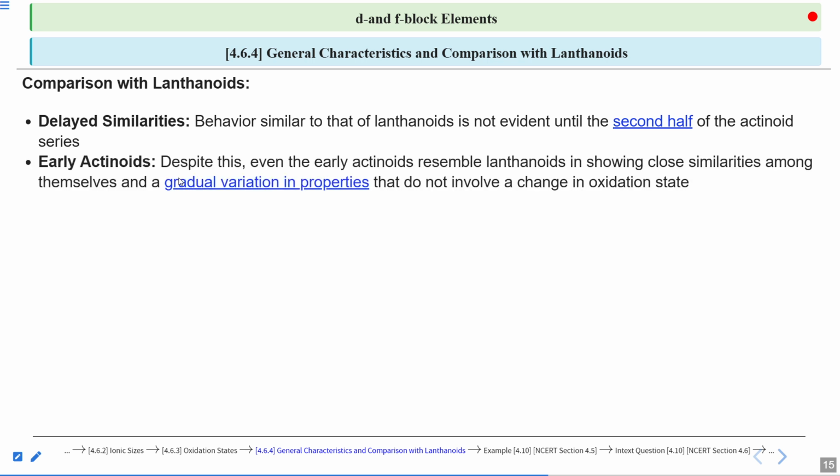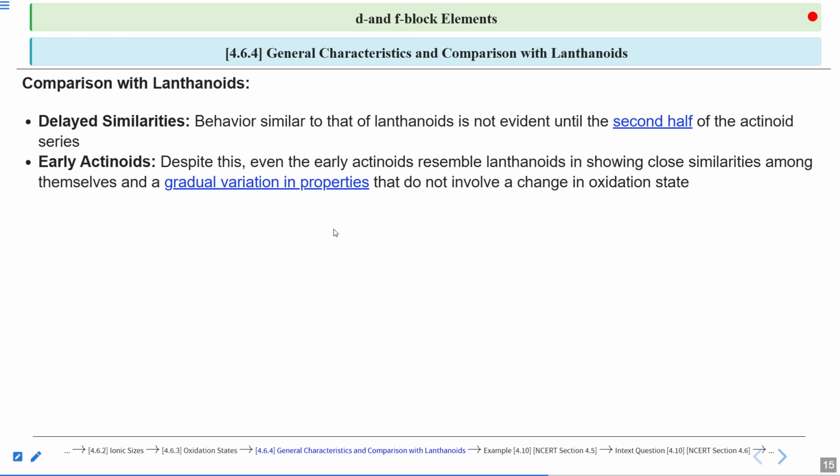In the early actinoids, despite this, they resemble the lanthanoids in showing close similarities among themselves and a gradual variation in the properties that do not involve a change in oxidation state.